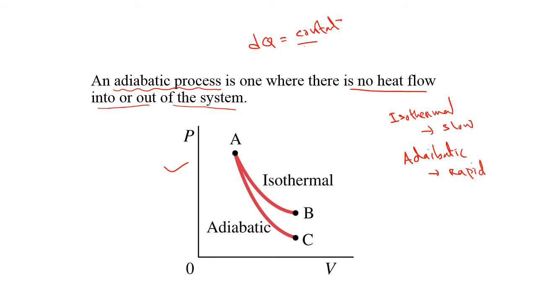If you see the diagram, this curve is quite slow. It is not that sharp. That's why this process is slow. But here we observe that the curve is rapid and sharp. Why? Because the isothermal process is quasi-static, meaning it is a slow process, and the adiabatic is a fast process. That's why we get the sharp slope.